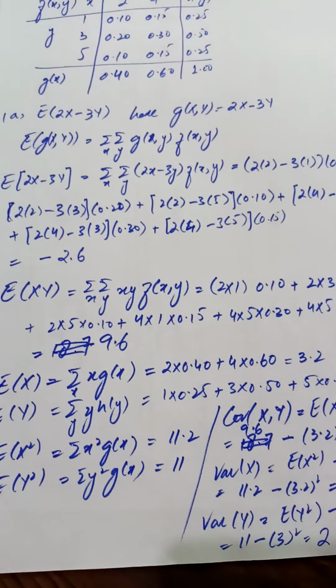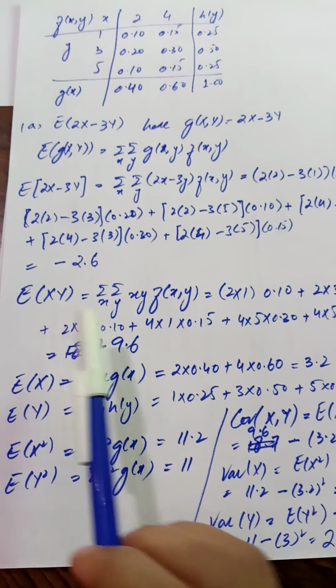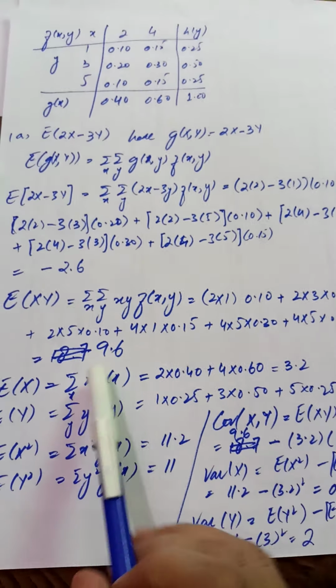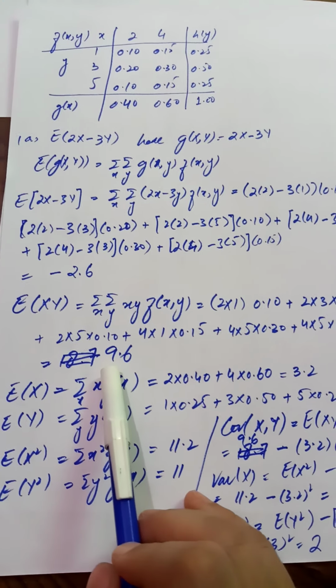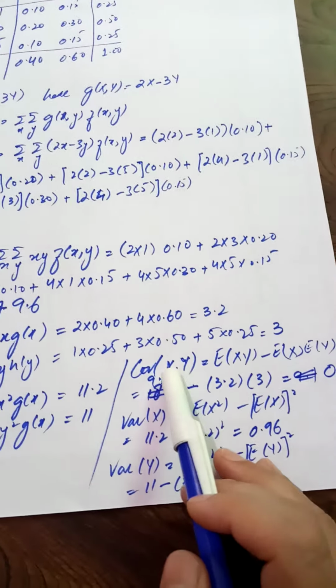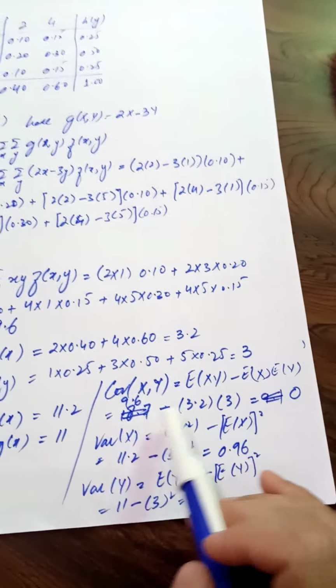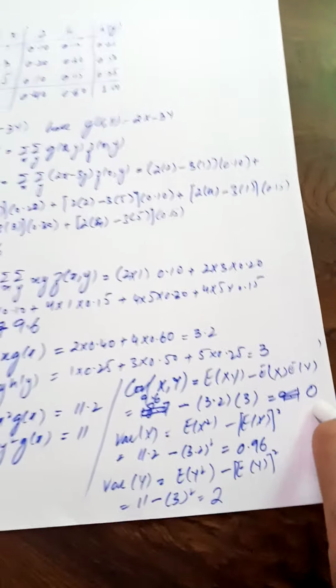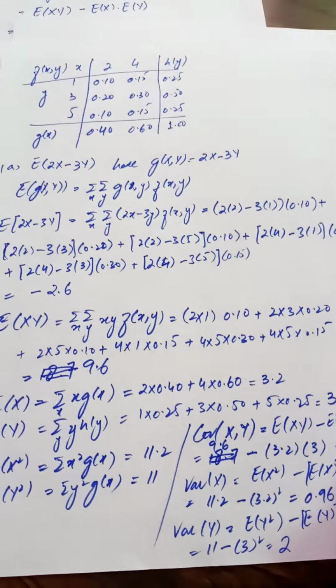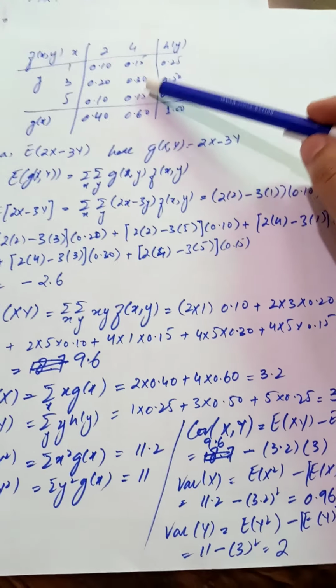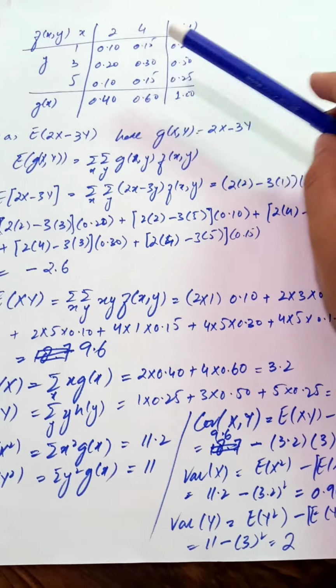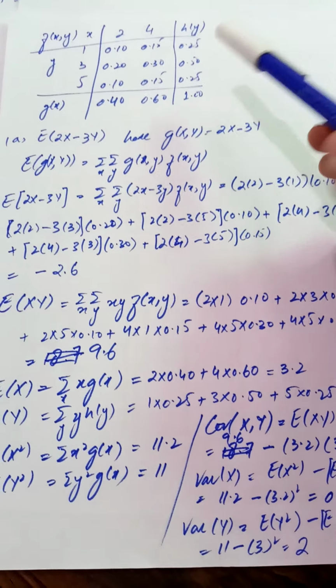I would like to make a correction. I have computed the expected value of xy wrong. There was a mistake in computation. Expected value of xy is 9.6. So the covariance will be 9.6 minus 3.2 into 3, and the covariance turned out to be 0. If you remember, when we discussed statistical independence, we took a similar density and we observed that x and y are independent.